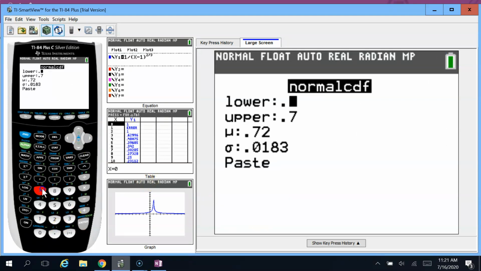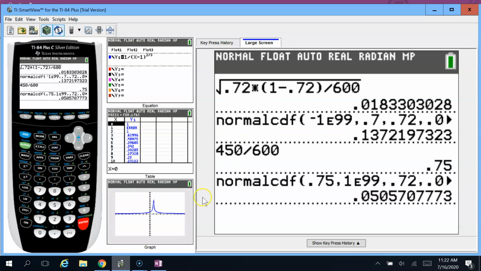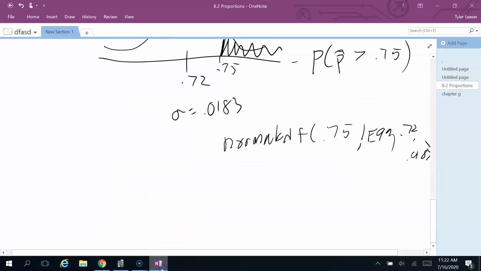So this time we're starting at 0.75. We're going up to infinity. Mean and the standard deviation stay the same. This time we get 0.0506. So if you were to go out right now and grab 600 people, there's about a 5% chance that of those 600 people, more than 450 would want to start their own business.